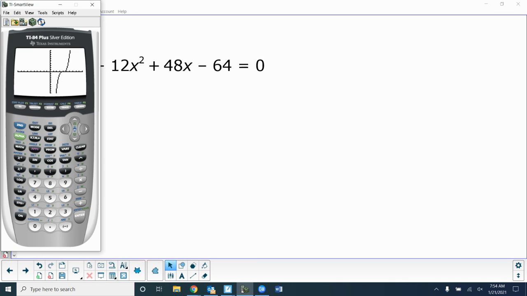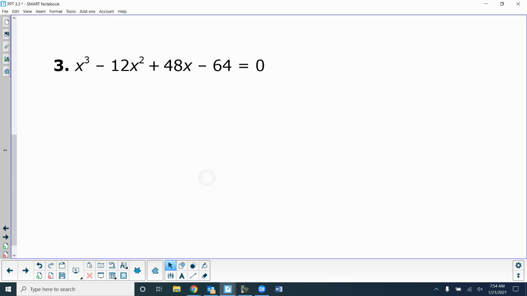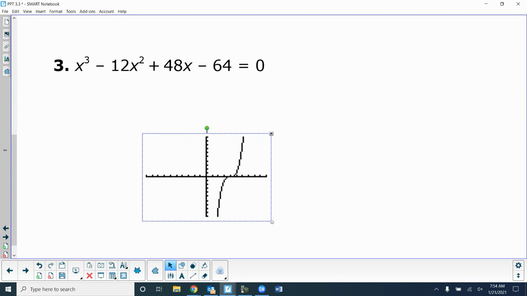Odd multiplicity. Again, some of you, I don't think, understand what I mean by multiplicity. Multiplicity just means that that 0 works more than one time. Okay? And if it bends like this one does as it crosses, that means it has odd multiplicity of at least 3.